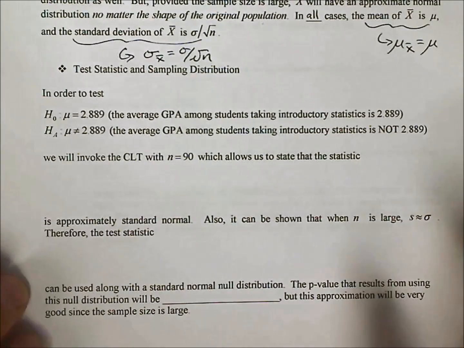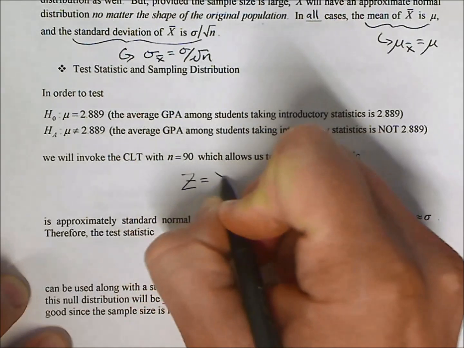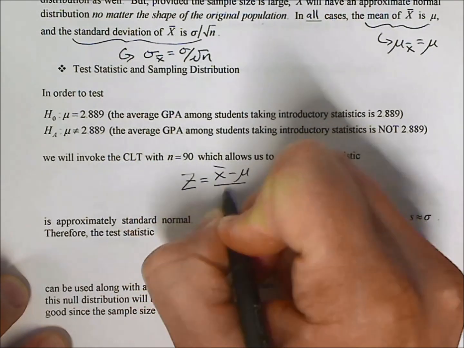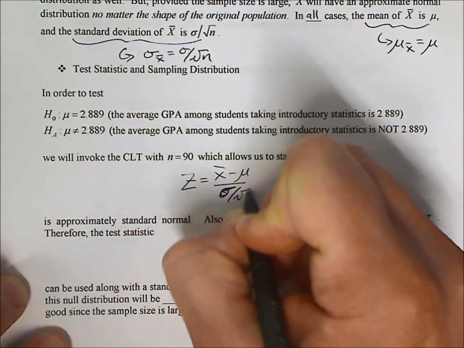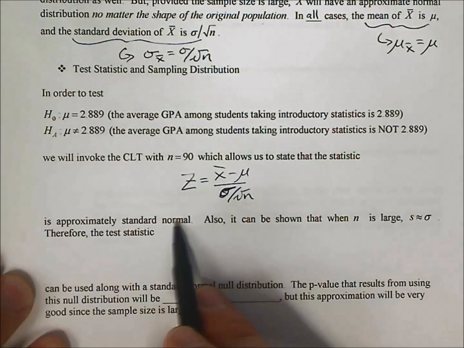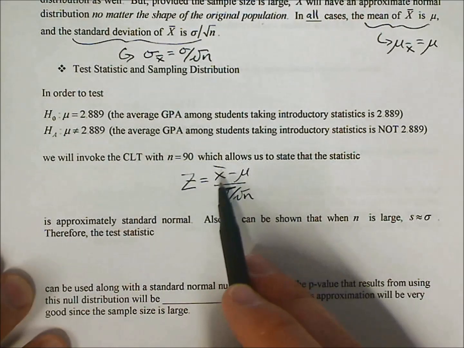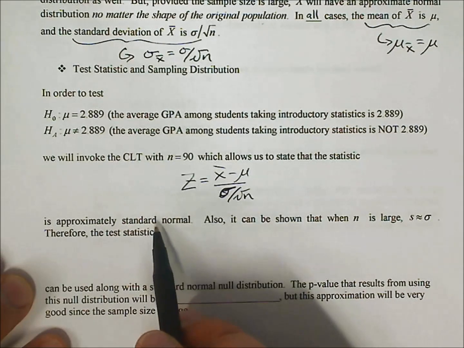So by the CLT, we can state that our statistic, x bar minus mu over sigma over root n, is approximately standard normal. All right, if x bar is approximately normal and we standardize x bar, then it is approximately standard normal.